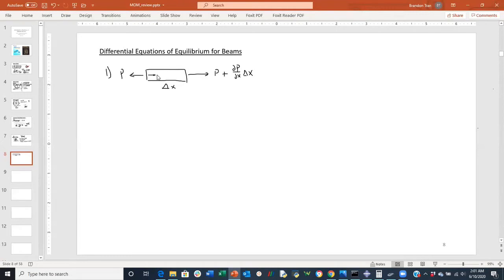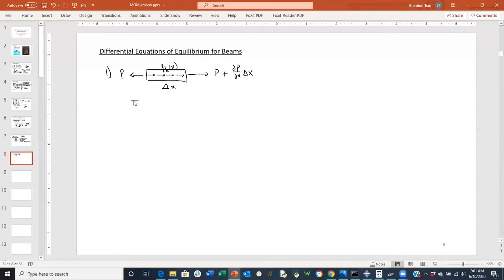And we will have some distributed normal loads happening on the beam. We'll just call this a fancy P. Px is a function of x because this doesn't have to be uniform. It can be distributed in a given quadratic or some polynomial form equation.